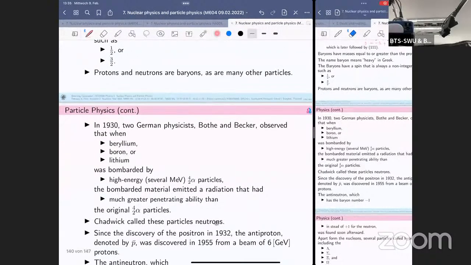And Chadwick called these particles neutrons. And this is the way that humans discovered the neutrons in nature.